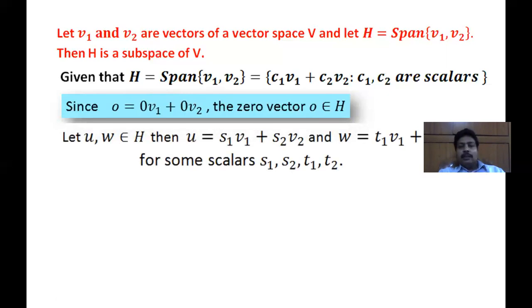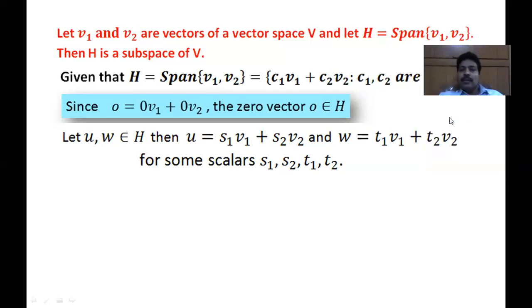To prove the closure property of vector addition, let us take two elements U and W in H, that is span of V1, V2. Since U is in the span of V1, V2, it can be written as a linear combination of V1, V2. So U is equal to S1 V1 plus S2 V2, where S1, S2 are two scalars.